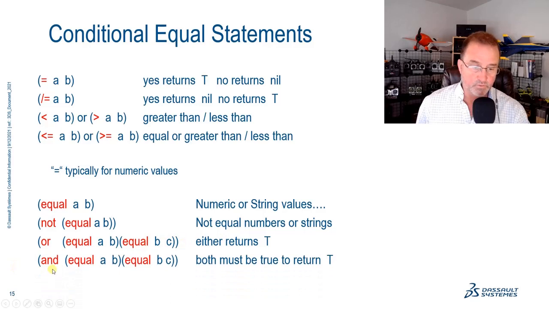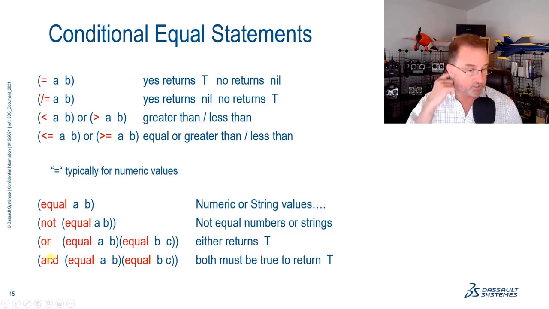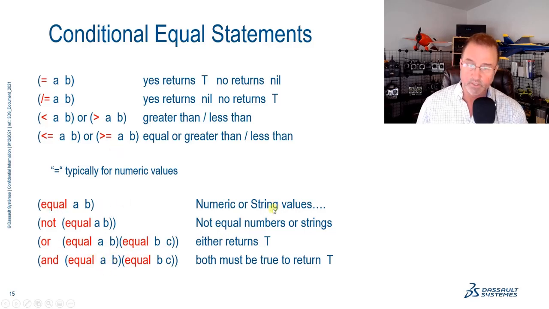Or I can also use an and, which means in order to get a T, both A has to equal B and B has to equal C. So these are two different types of conditions that we can create within a routine to validate whether or not things are equal or not equal. Now again, I would recommend if you're doing things with string values, I would use the equals command or function, not just the equal symbol, because there may be problems running this routine in other CAD systems if you were to try to do that.